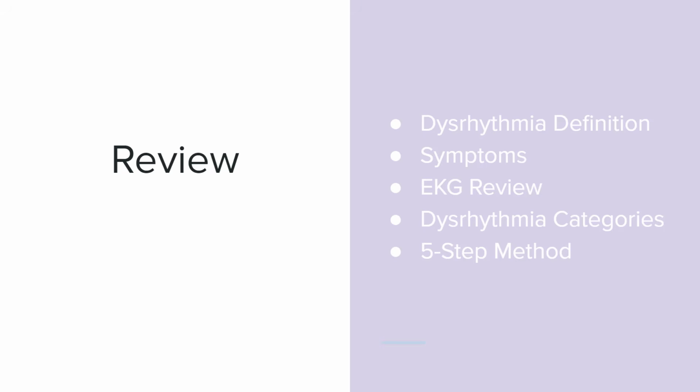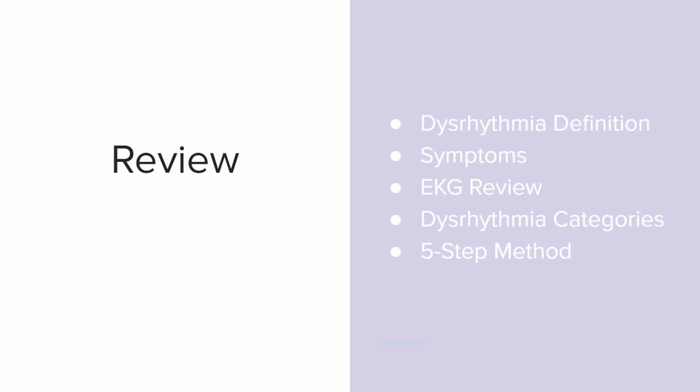All right, quick review. A dysrhythmia is a bad heart rhythm, something that's abnormal. It's going to cause a decrease in cardiac output, and so our patients are going to have related symptoms to that. Make sure that you understand an EKG rhythm and how to review that, and if not, jump back to my EKG basics video.